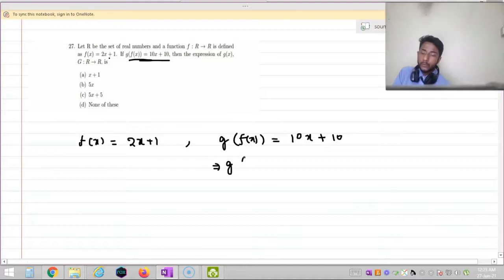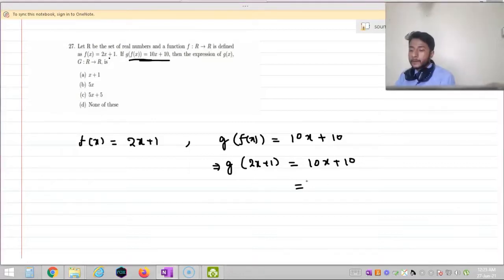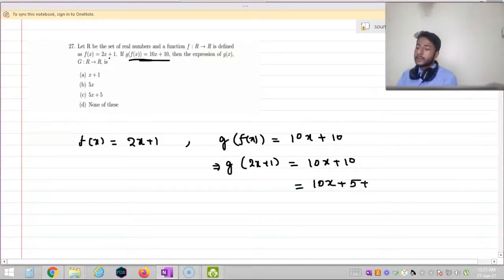So g of the value of f(x), which is 2x plus 1, is 10x plus 10. I am going to make 2x plus 1 appear in the place of x, so I write it as 10x plus 5 plus 5.